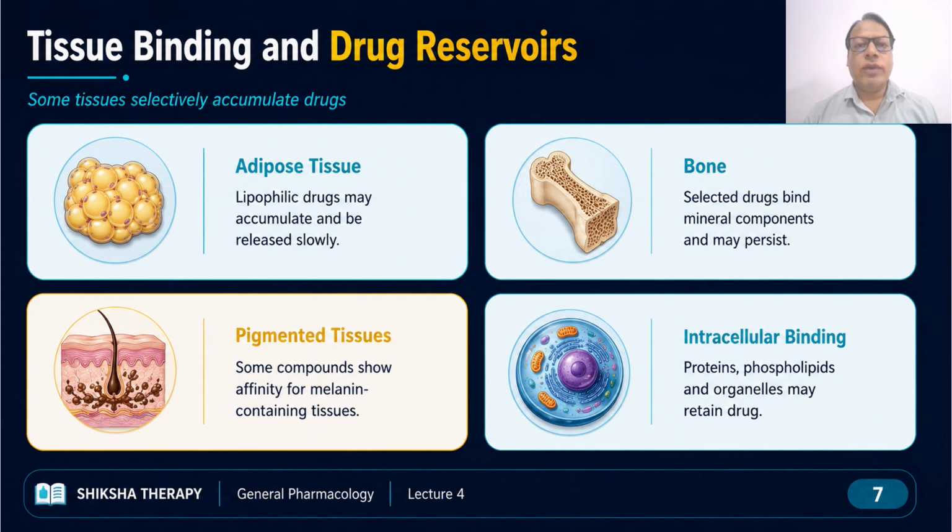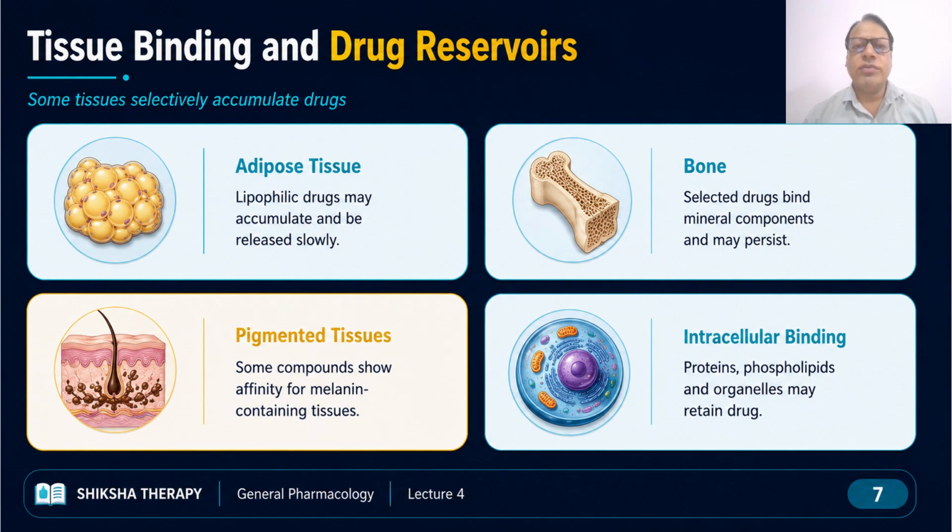Drug may also bind to different tissues and form drug reservoirs. Lipophilic drugs can accumulate in adipose tissue and may be released slowly over time. Some drugs can bind to mineral components of bone and remain there for a longer duration.